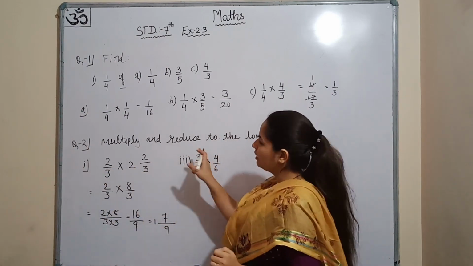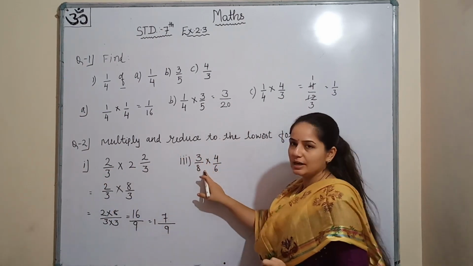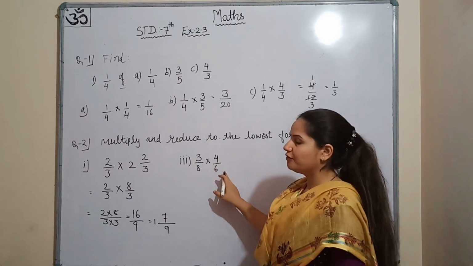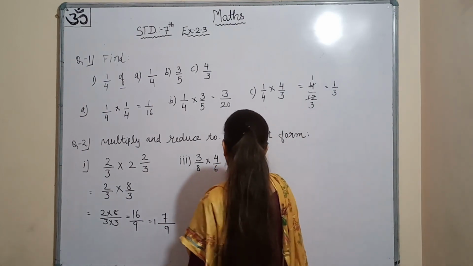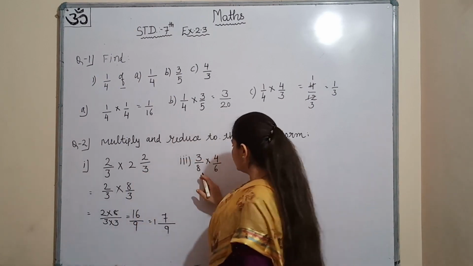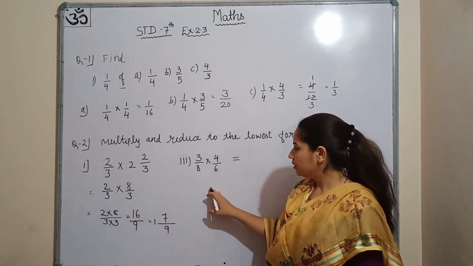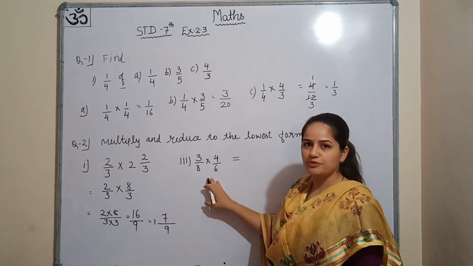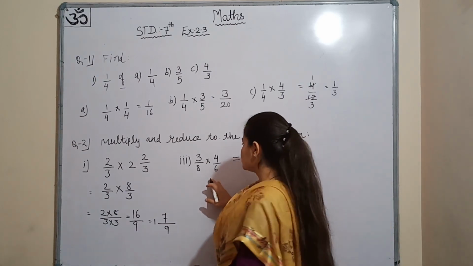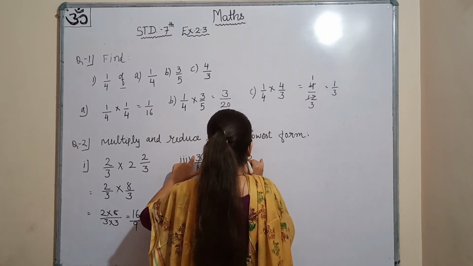Number 3 from question number 2 is 3 upon 8 multiplied by 4 upon 6. Here you are given both the numbers as proper fractions. You do not have any mixed fraction to convert into improper, so we'll directly start with multiplying.